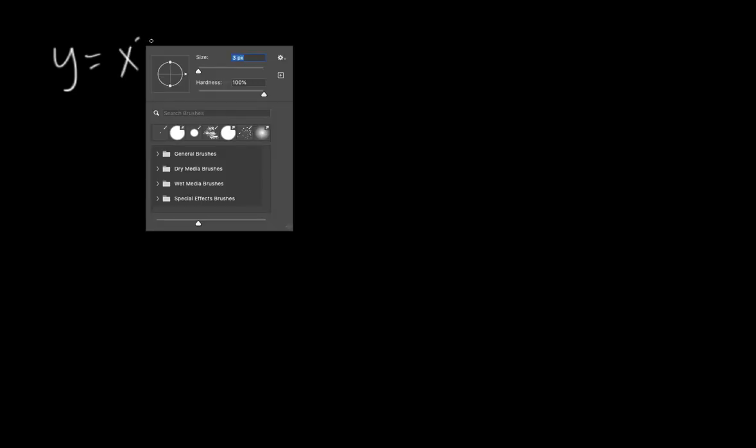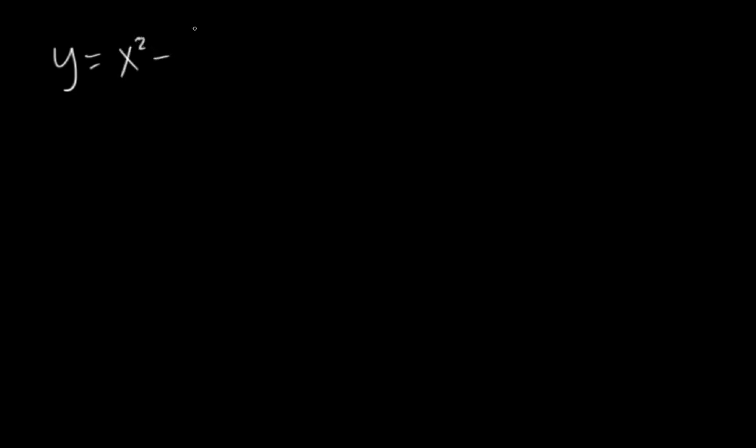So it says find the gradient of the tangent to this function, and where x equals 2. Alright, so we're just going to go through the same process we've been going through.